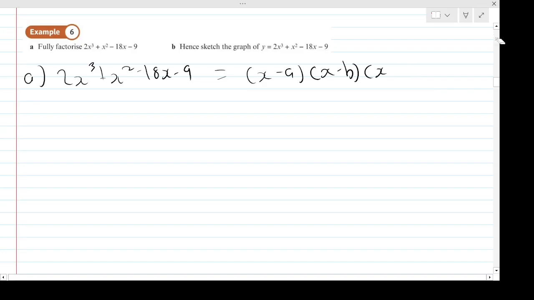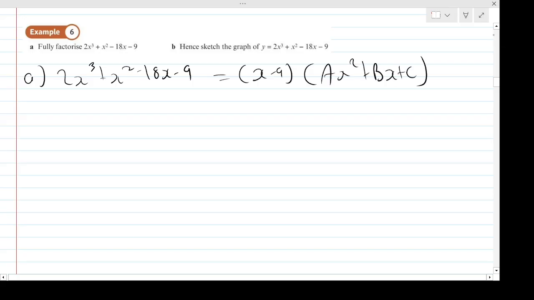But how do we get there? How do we find one factor? Well, if we can find one factor, then we can split it into a quadratic factor, and I know how to factorise quadratics.